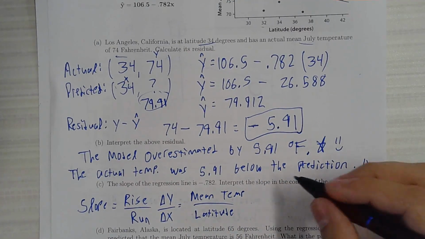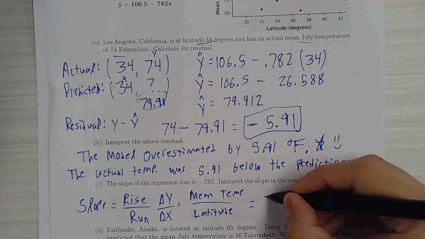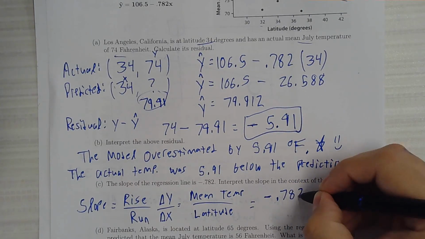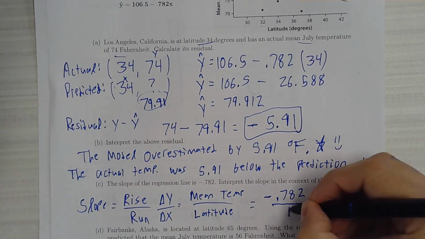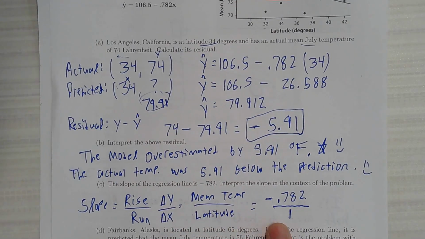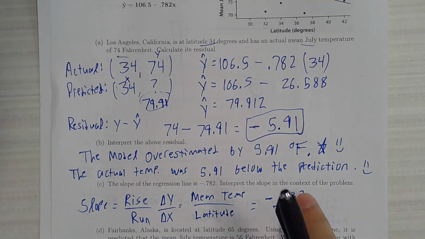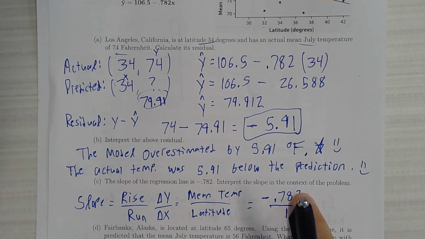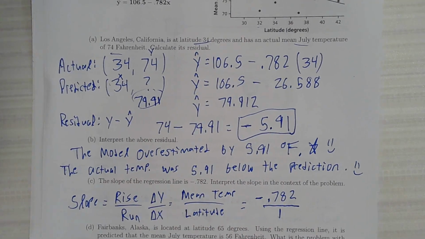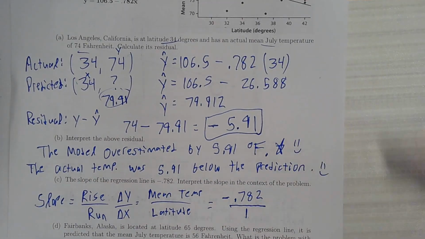So what is the slope? The slope is negative 0.782 divided by 1. So for every 1 degree in latitude, the predicted mean temperature is dropping by 0.782. And that's precisely what you can write.